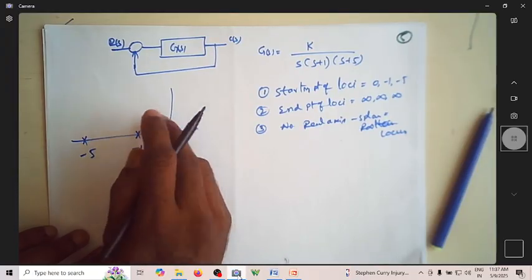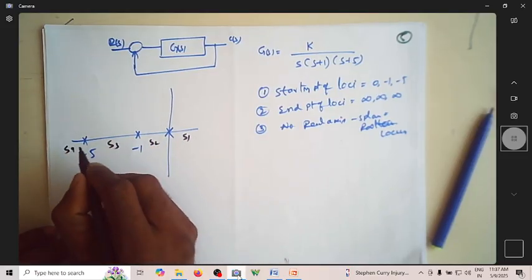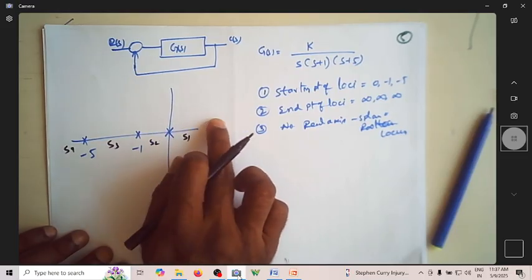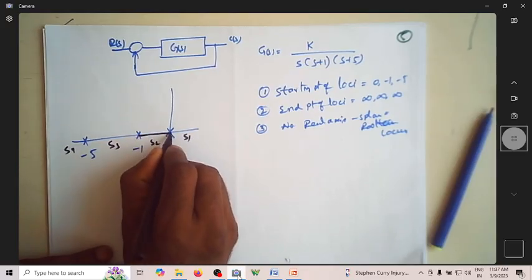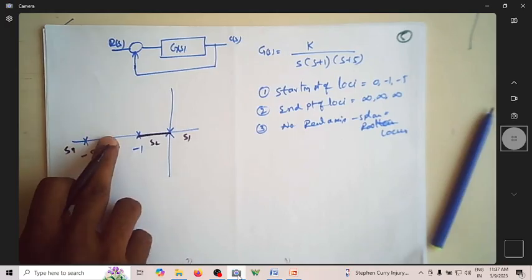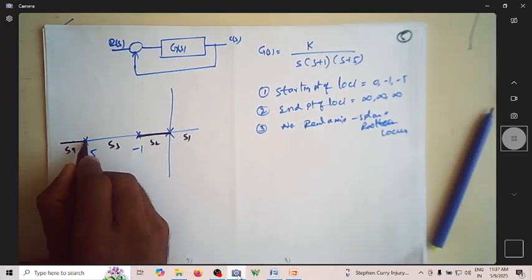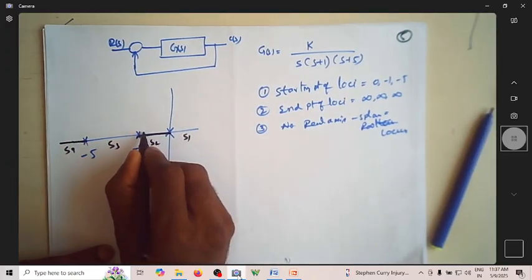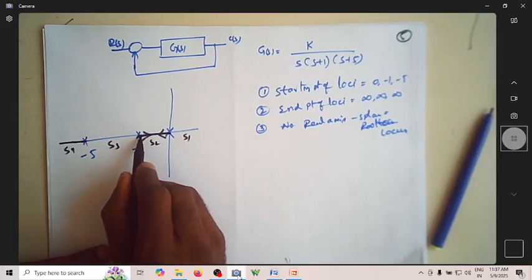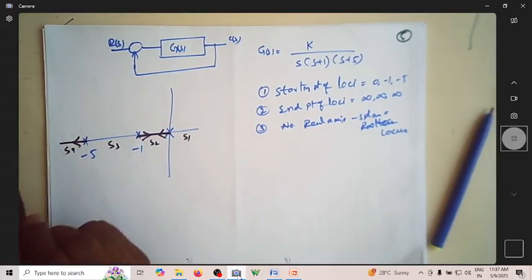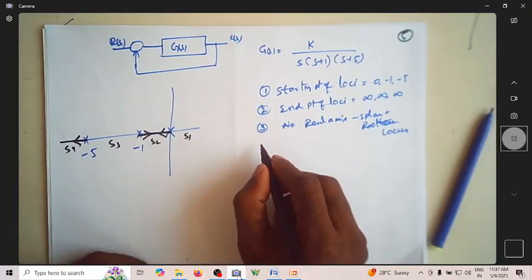In segment 1 there are no poles and zeros on the right hand side. In segment 2 there is an odd number, so this is a part of your root locus. Here it is an even number, 1 plus 2. Here in segment 4 you have an odd number of poles plus zeros. So we know that the root loci will leave the pole, and now the direction has been put.